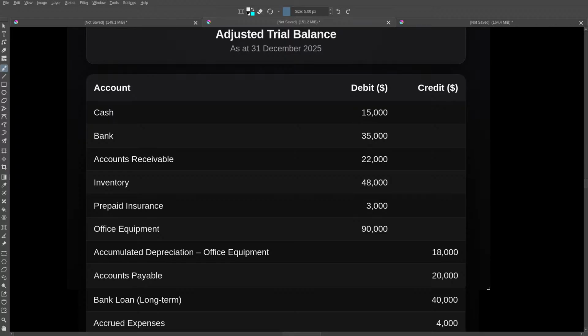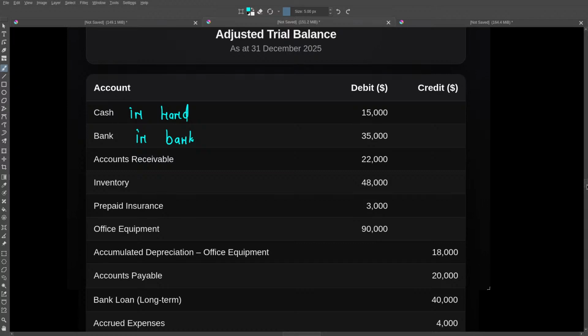And here we have the first one, which is cash. Basically, this is cash in hand. Then we have cash in bank. We have accounts receivable. We have inventory. We have prepaid insurance, office equipment.